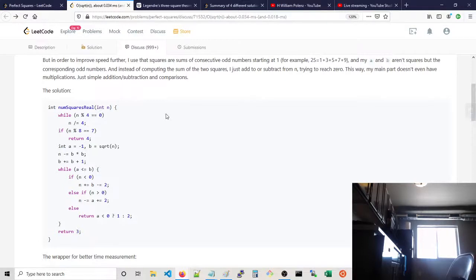It's the fifth number. 1, 3, 5, 7, 9. The fifth number is 2 times 5 minus 1. But when you're adding the next, for the a, the second number, yeah, we'll do 2 times that minus 1.